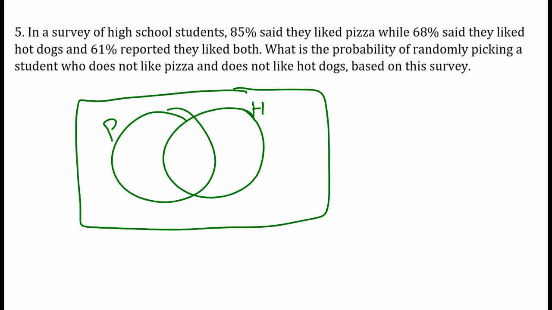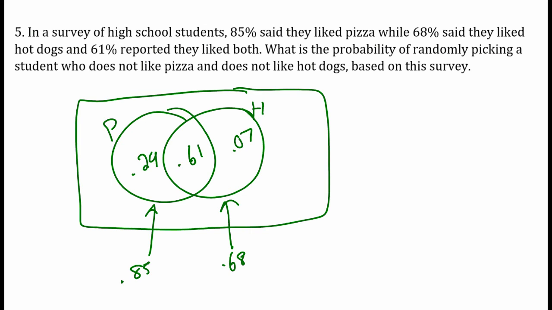I'm not going to start with the 85 and 68 because that 85 is pizza overall. Hot dogs is 0.68 overall with 0.61 in the middle. So using subtraction, we can quickly find the people who like hot dogs but not pizza is 0.07, and the people who like pizza but don't like hot dogs is 0.24.